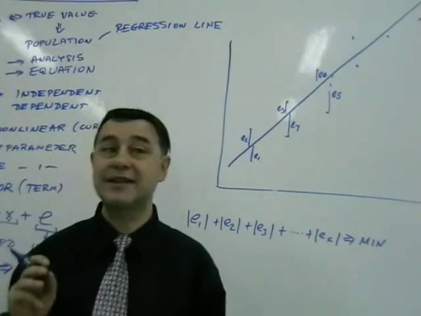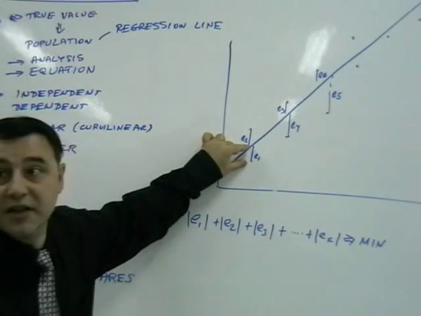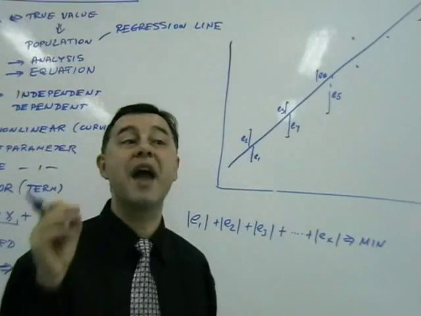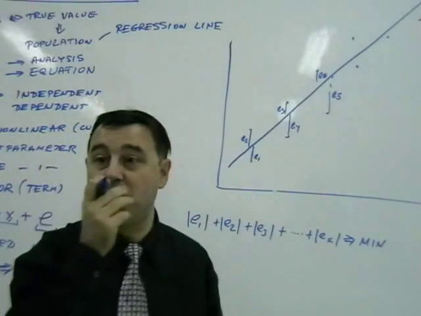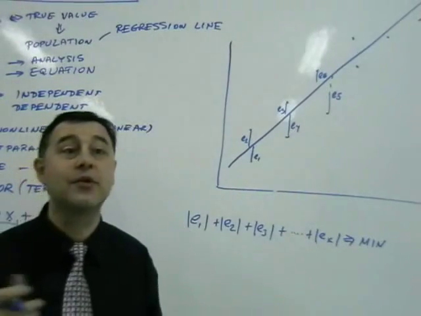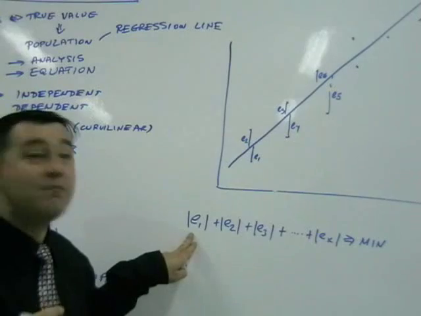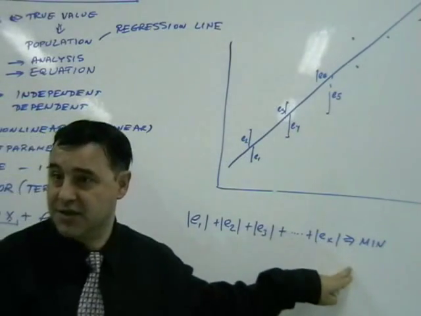Now, it turns out that instead of minimizing the distances of these errors, from a purely mathematical point of view, and also from a purely statistical point of view, and finally sometimes from a real world point of view, actually we don't want to minimize the sum of the distances.